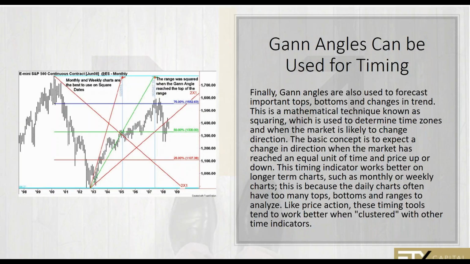This timing indicator works better on longer-term charts, usually on monthly or weekly charts. This is because the daily chart often has too many tops and bottoms and ranges to analyze. Like price action, these timing tools tend to work better when clustered with other time indicators.